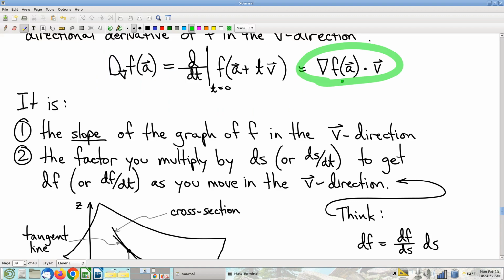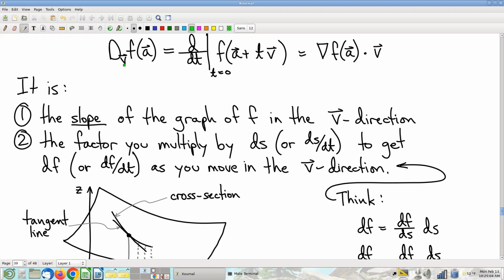In fact, if you set it up a certain way, you can think of this as just the execution of the chain rule according to a certain setup. So I hope that makes this seem more plausible. But this thing, the directional derivative, which I can compute or define with this formula, is the slope of the graph as you move in that direction, and it's the multiplicative factor as you move in that direction.